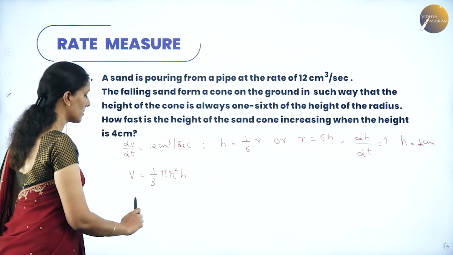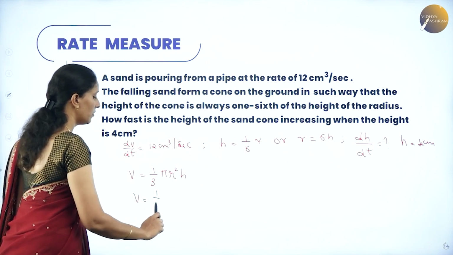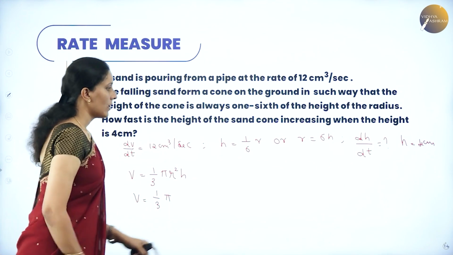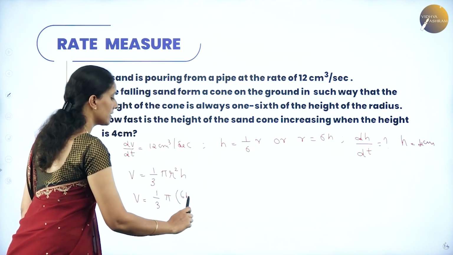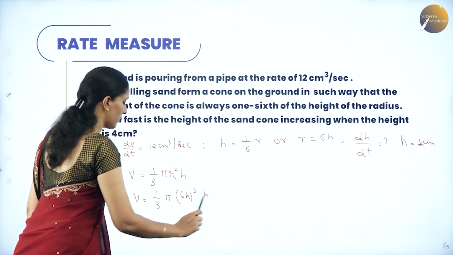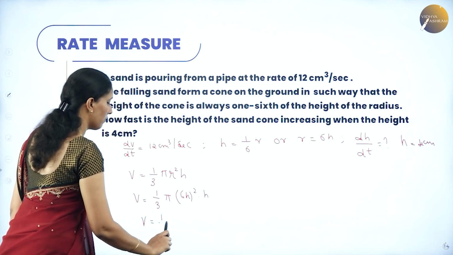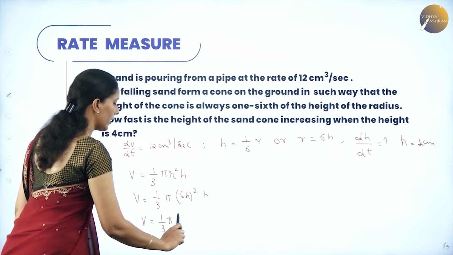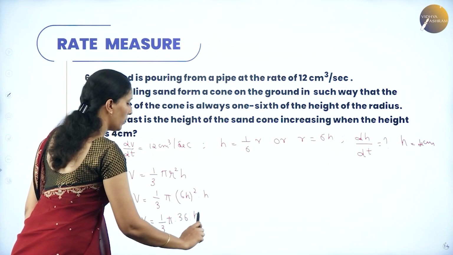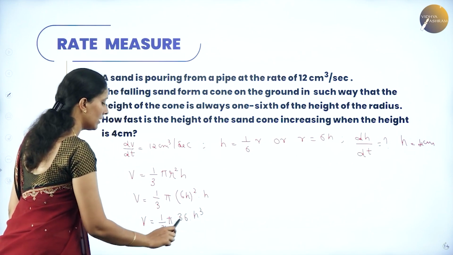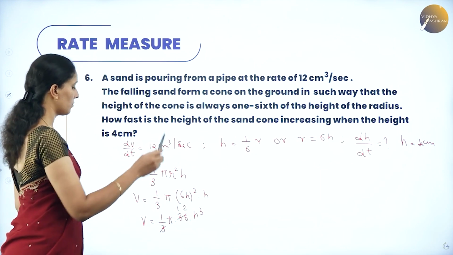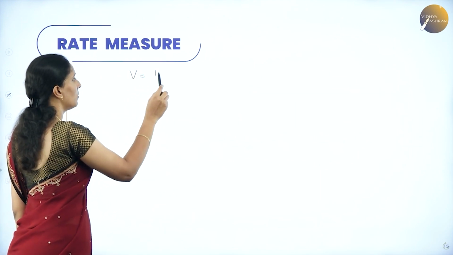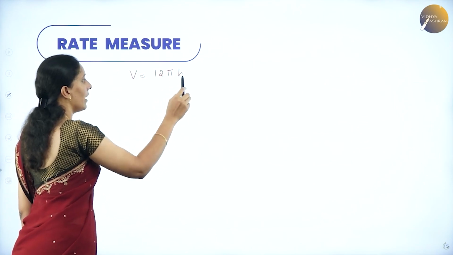So here it becomes V is equal to 1 by 3 pi, r is nothing but 6h, so therefore it is 6h whole square into h. So V is equal to 1 by 3 pi into 36 into h cube. We can cancel here 3 1s are 3, 3 2s are 6, so therefore we get volume is equal to 12 pi h cube.